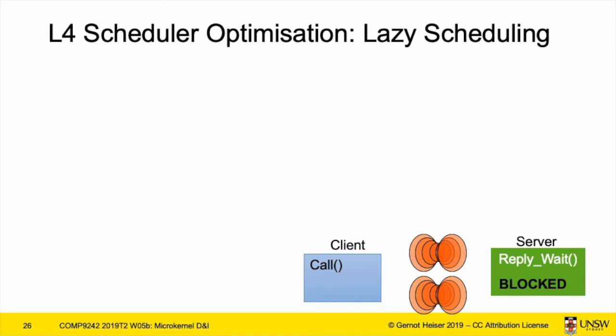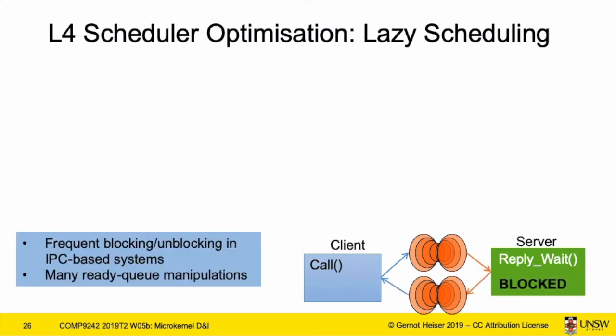The idea is, what the microkernel mostly does is send IPC back and forth, right? So you have a server that's blocked, and a client comes along and sends a request to the server, which blocks the client. The server picks up the request, processes it for a while, and replies back to the client, which blocks the server. The client receives the message and gets unblocked. So on every IPC, you block and unblock a thread.